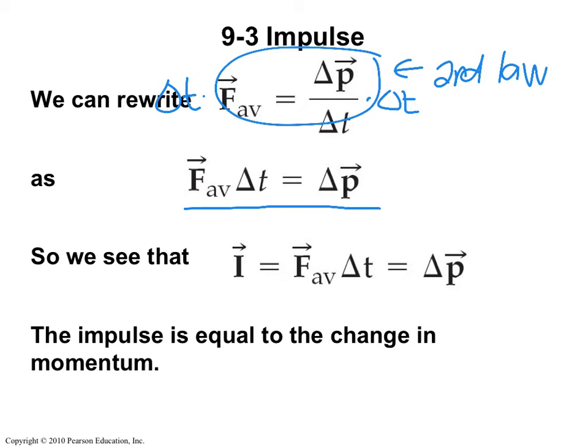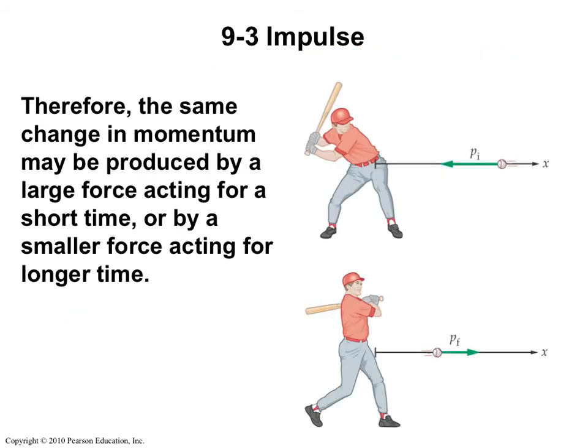Force times delta t equals delta P. Now, we just saw that this also equals I for impulse. So therefore, the impulse is also the change in the momentum. So really, these three different things are all related, and my impulse and change in momentum are the same thing.